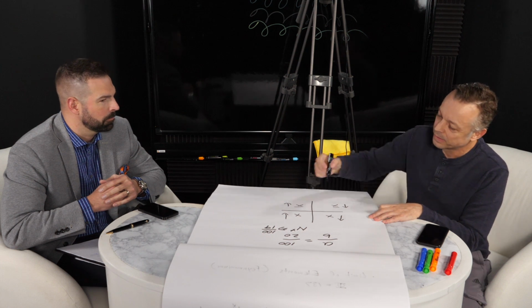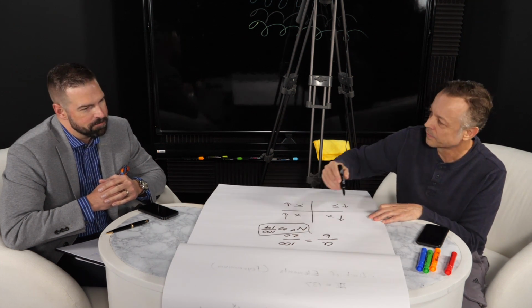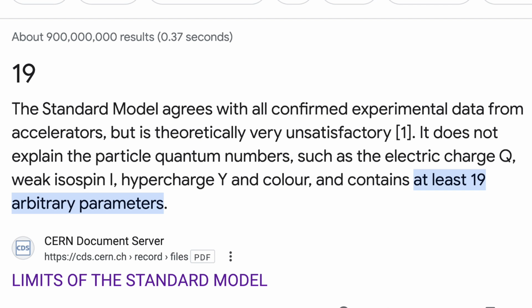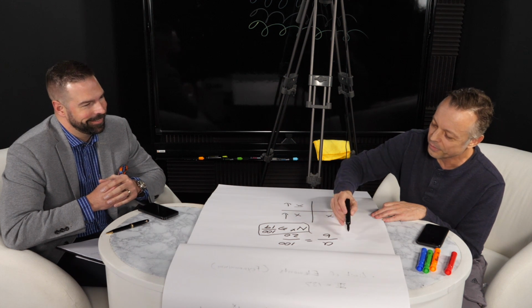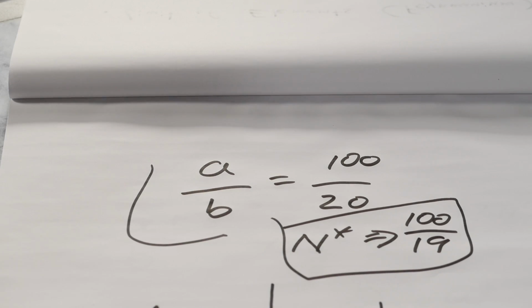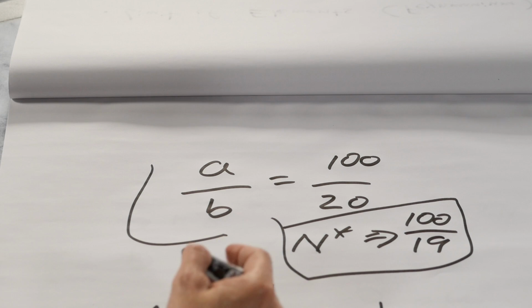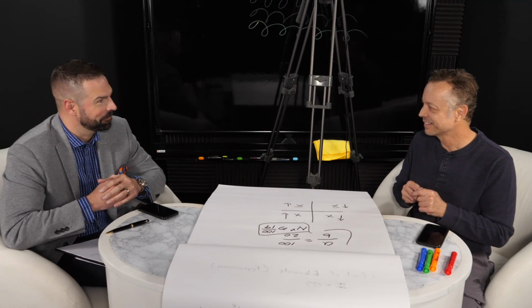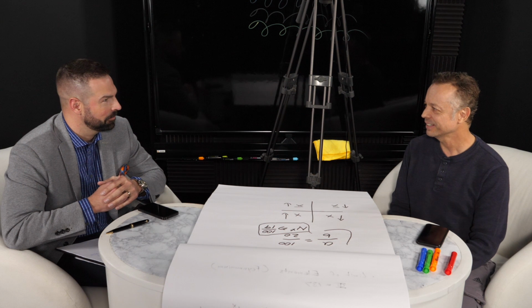And Matt, how many parameters are there to the standard model? Depending on who you talk to, it's either 19 or 20. So it's either whether we're using the corrections or not. Pretty convenient, right? And so that's basically it.